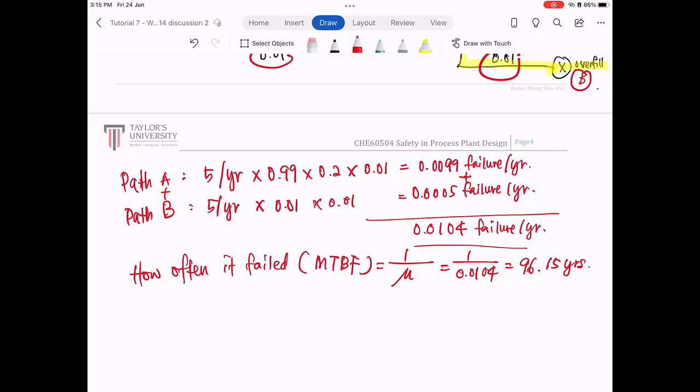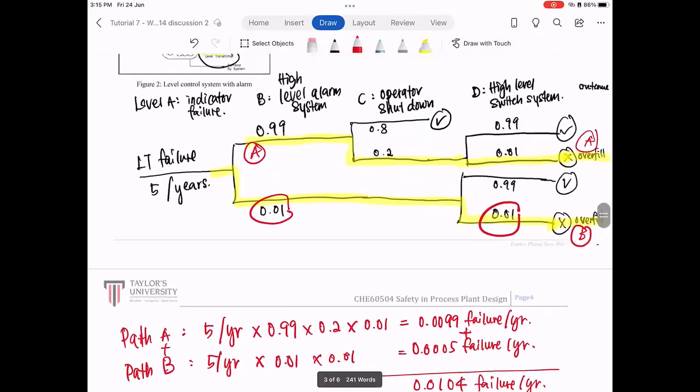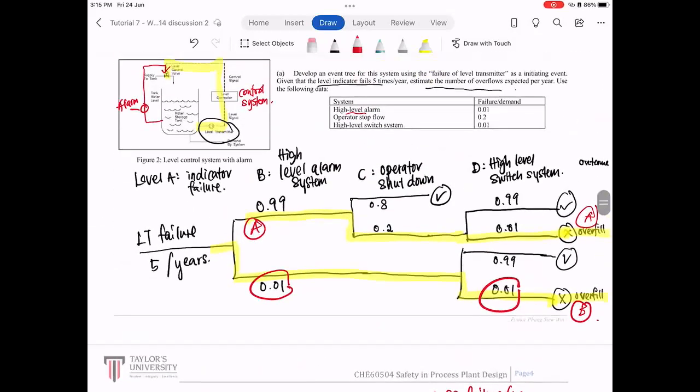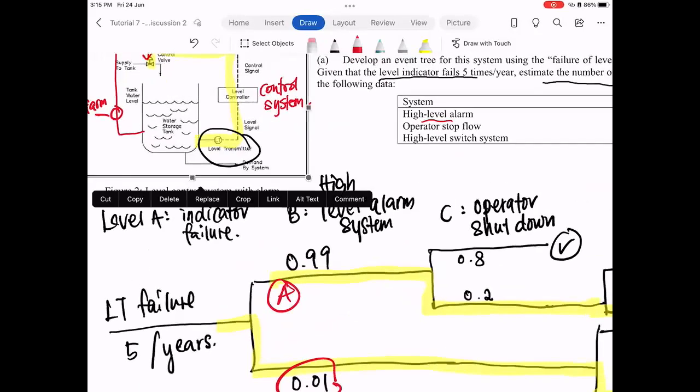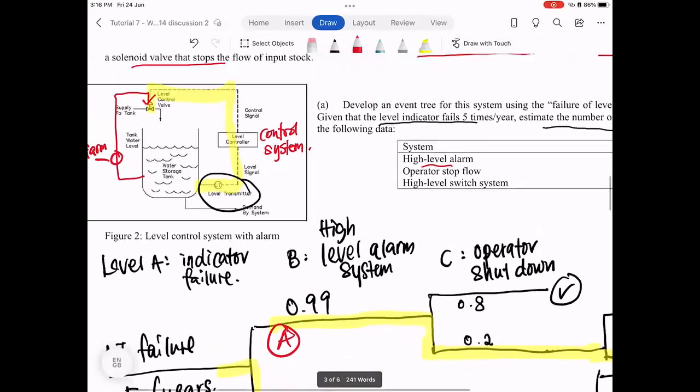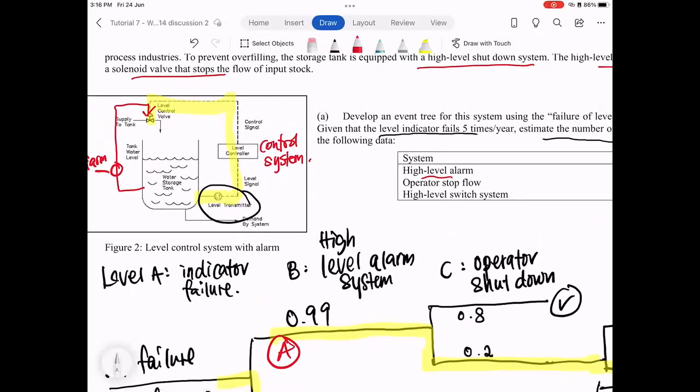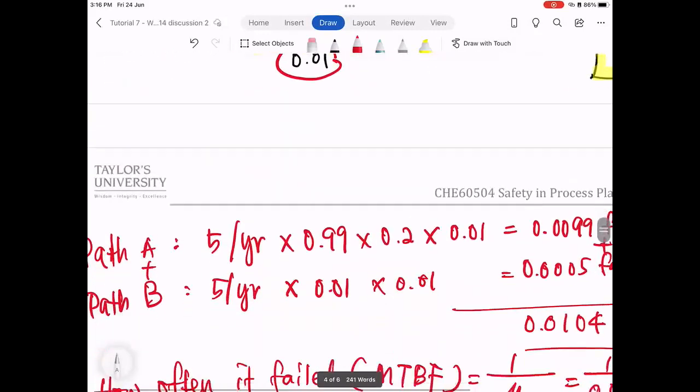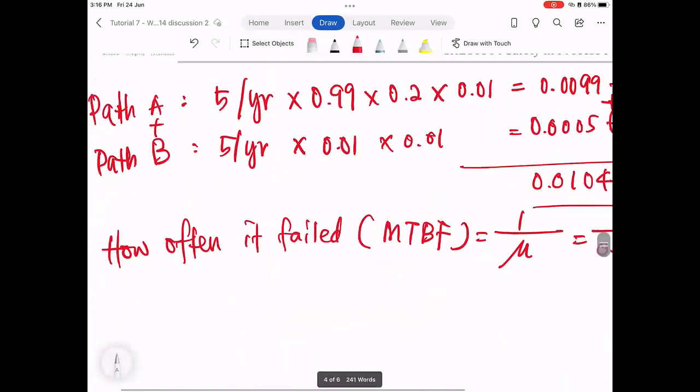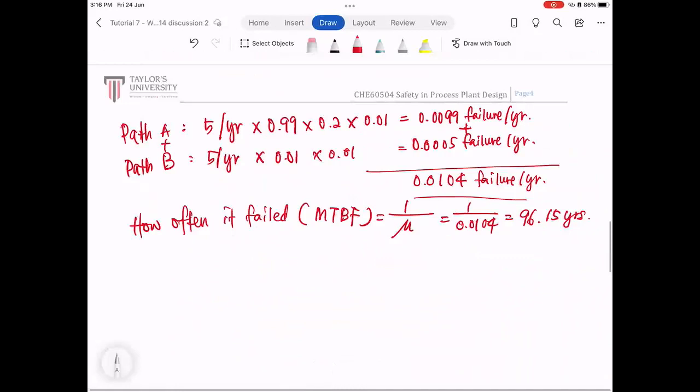So if we look at this level transmitter, even though it failed 5 times per year, with the systems that we have in here, the overfill or overflow is only expected to occur once every 96 years.